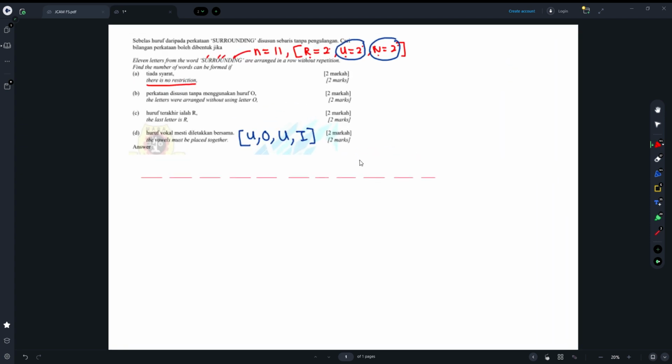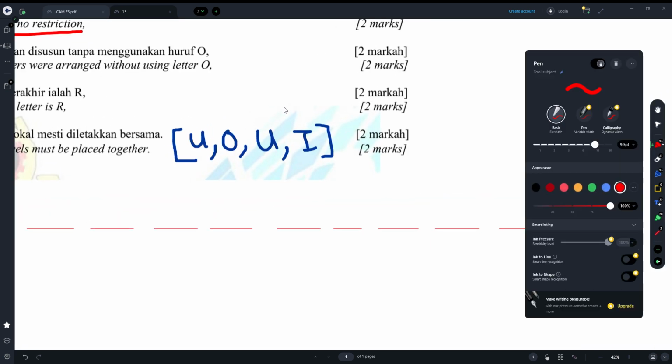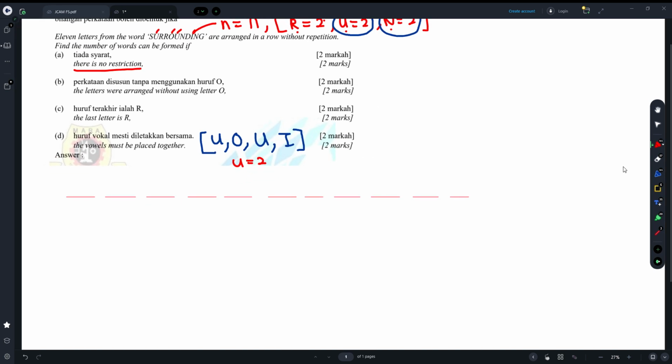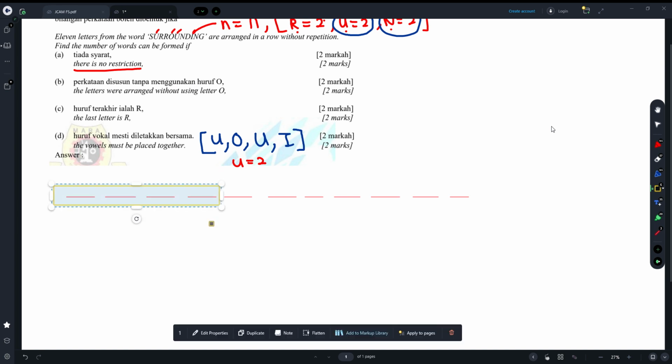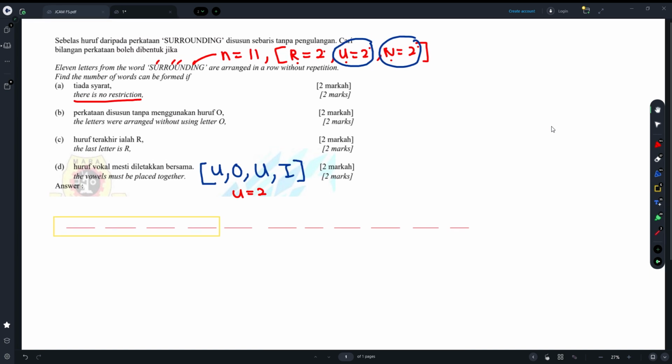And please take note that among these 4 vowels, we have a repetition. That is, U is repeating 2 times. Please take note of that. This is very important. They want the vowels to be placed together, right? So when they say together, it can be together in the first 4 positions, or it can be together in the last 4 positions.